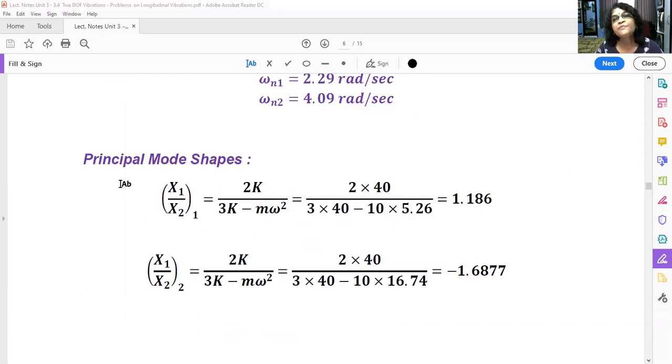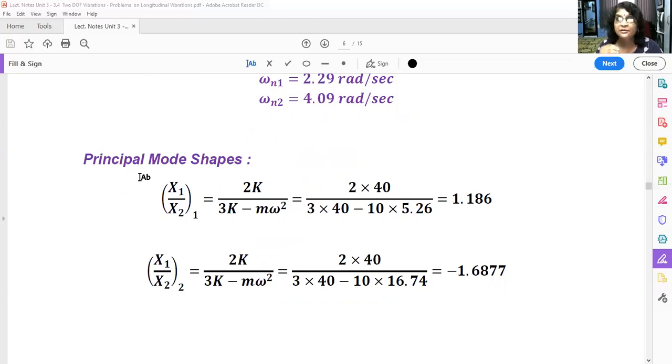We want to find out principal mode shapes. Why is the name principal mode shape given? In the earlier lecture, I had explained that when every point in the system is vibrating with the first natural frequency, that is known as the first principal mode shape. When every point of the system is vibrating with the second natural frequency, that is known as the second principal mode shape.